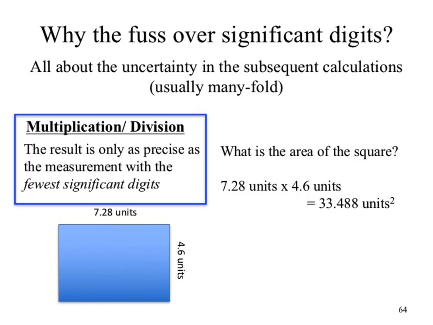I can only go to, oh, that's 2 sig figs. Not the tenths place, 2 sig figs. We're 2 sig figs in the number 33.488. Just 33. And my answer is now 33 units squared.